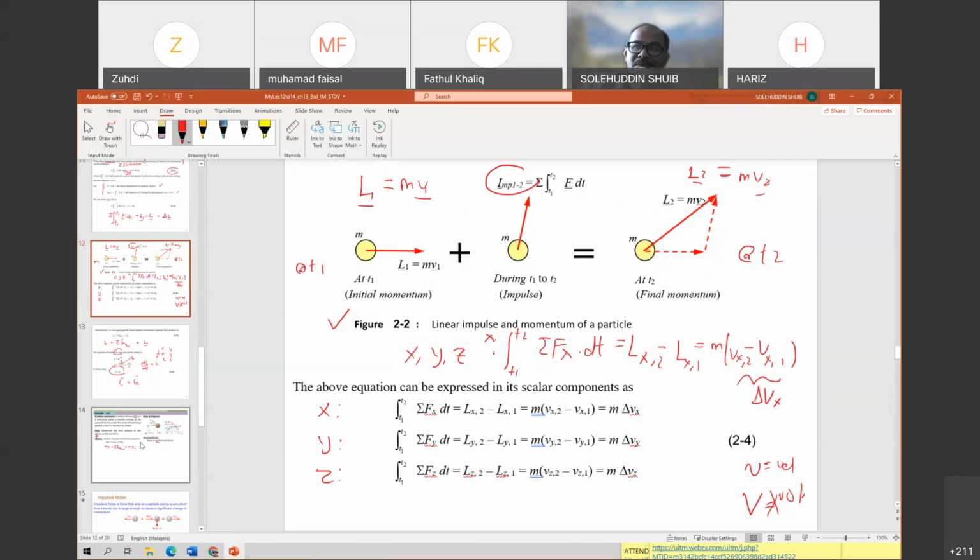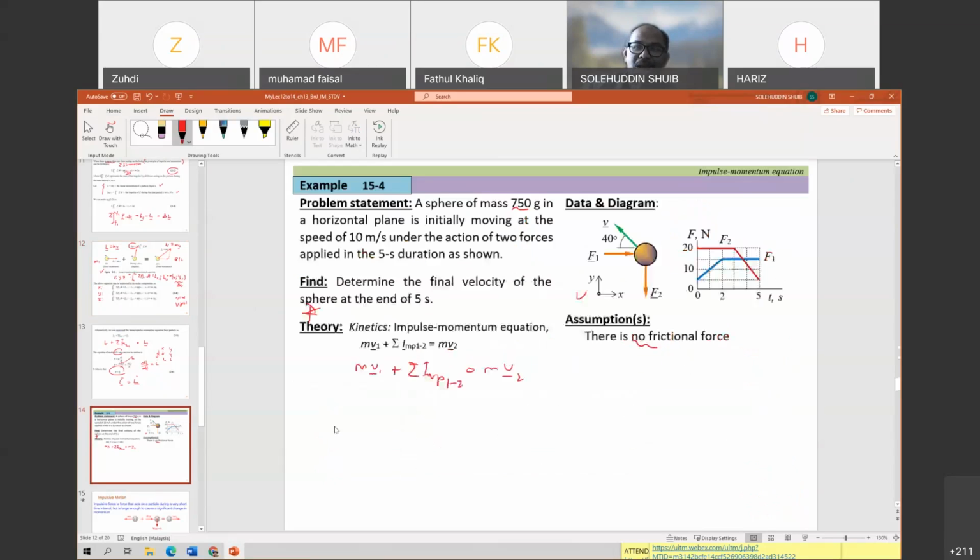This is the first step. You can try. We draw the first one, plus the second one, equal to the third. This is initial, final, and this is the impulse, right?